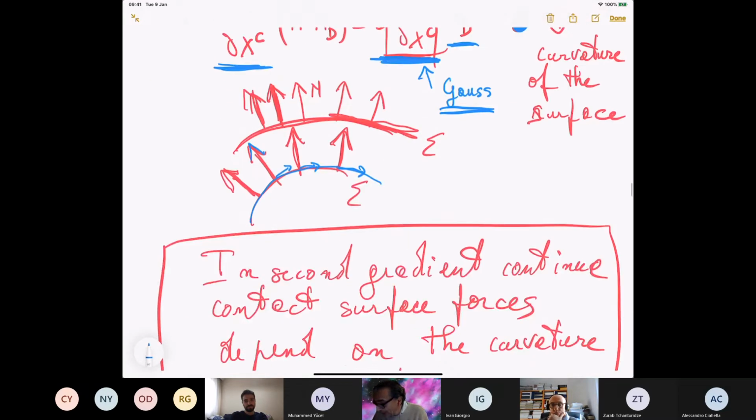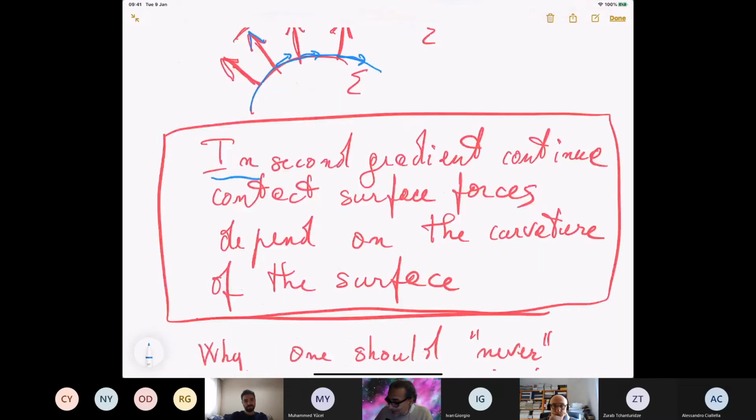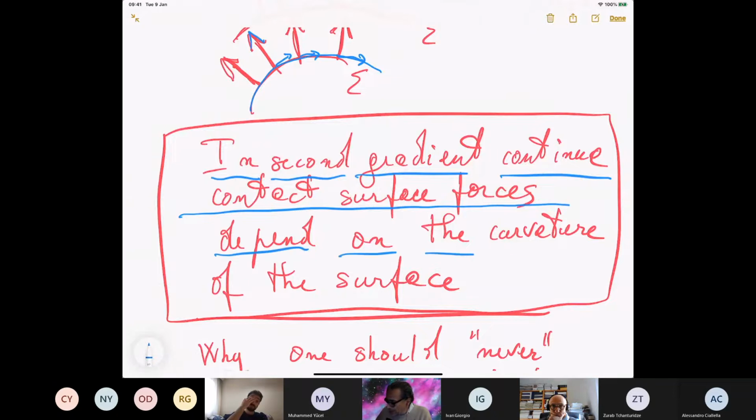So what we have in second gradient continua, contact surface forces depend on the curvature of the surface.